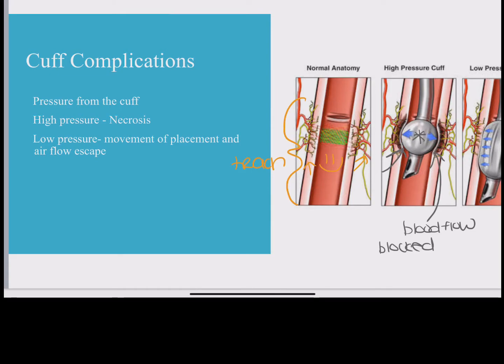And now you've got a necrotic trach or esophagus, or pretty much your airway is going to be compromised because now you have cell death. It's a little cut off here, but let's just say if you didn't apply enough pressure into the cuff, well, now you have a greater risk of displacing the tube, and now you're allowing airflow to escape to the sides.